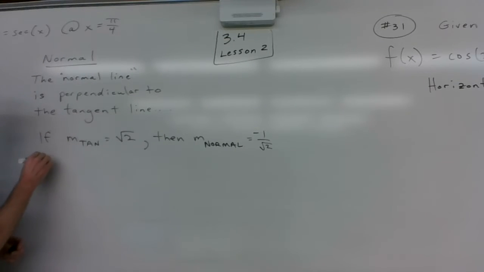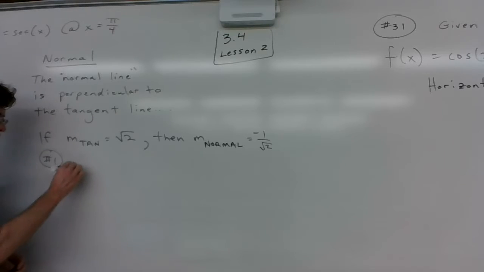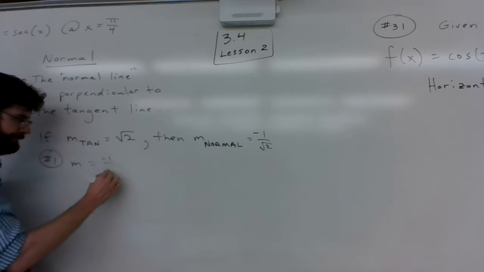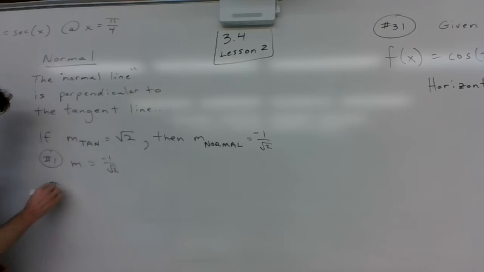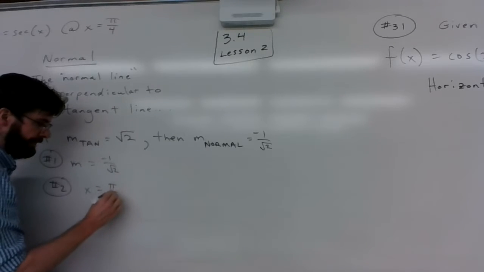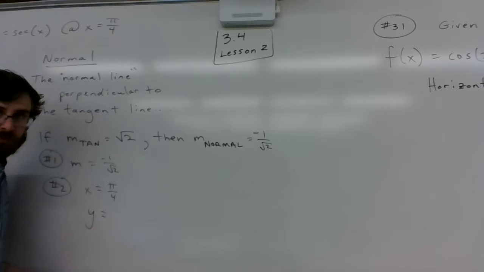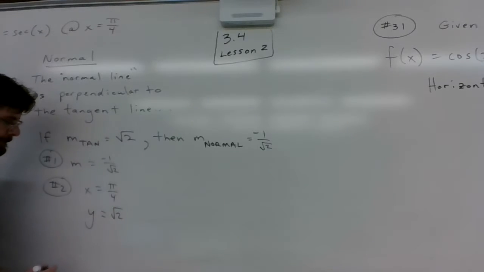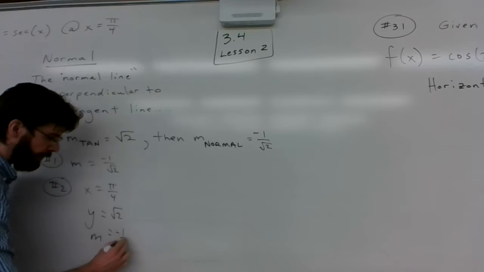So we found our slope right away. And we know what our x and y are. X is still equaling pi over 4. Y still equals root 2. M equals negative 1 over root 2.